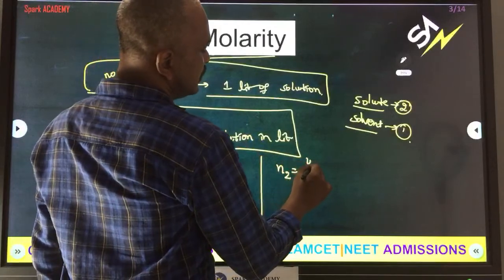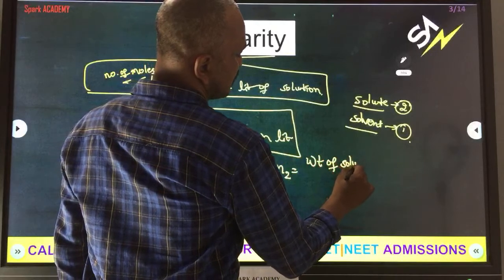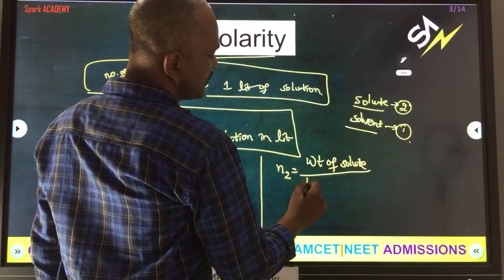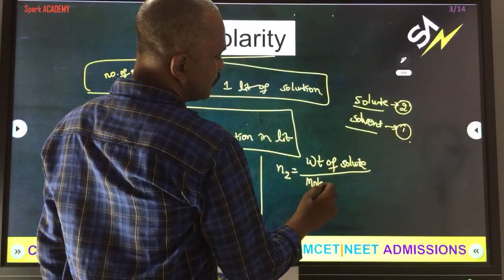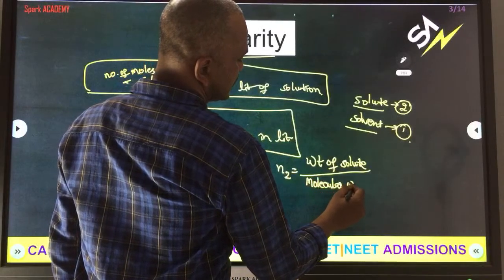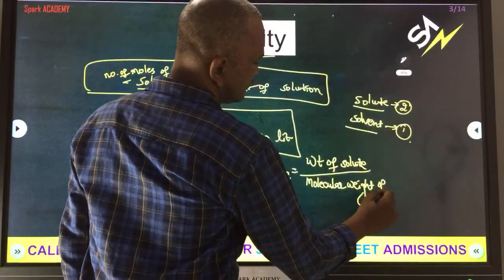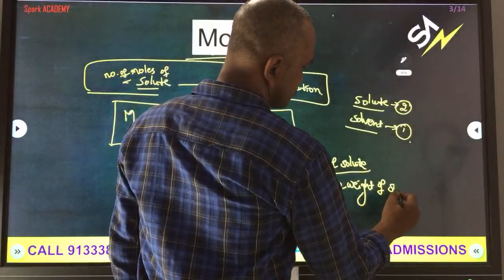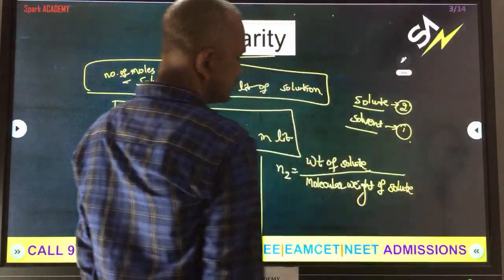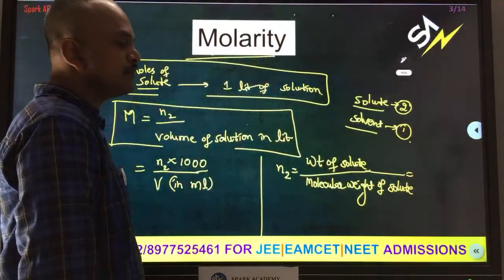That's why the weight of solute is taken. Weight of solute by molecular weight, the gram molar weight, of the solute. The weight of solute I already told you, with the number 2 we can denote this.